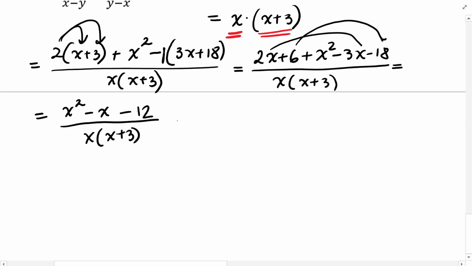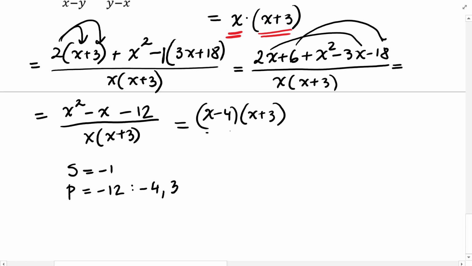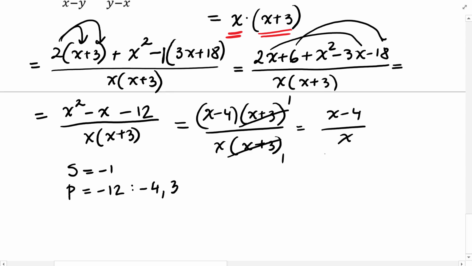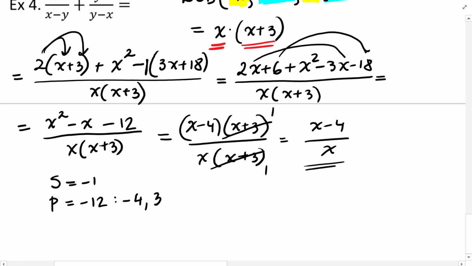So let's factor the numerator, because maybe we have common factors with the denominator. I'm looking for two numbers that have the sum negative 1 and product negative 12. How about negative 4 and 3? So we get x minus 4 times x plus 3 over x times x plus 3. We notice the x plus 3 quantity, which when we divide we get 1. So we end up with x minus 4 over x, the final answer of problem 3.